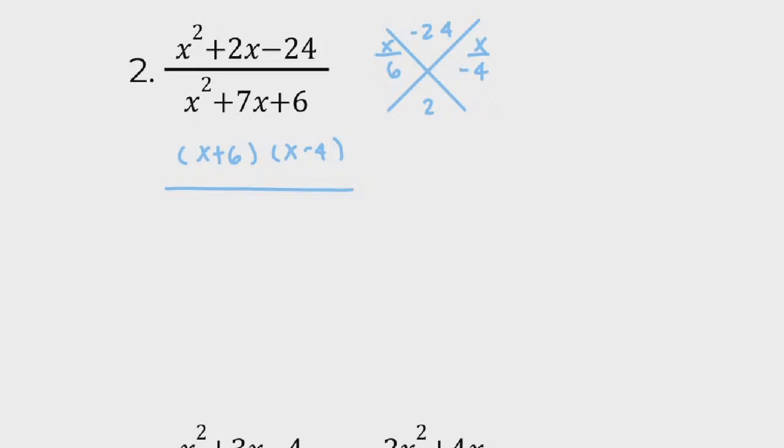And in the denominator, we have to factor that as well. So that's going to be 6 at the top and 7 at the bottom, so that'll be 6 and 1. So that's x plus 6 times x plus 1, and they both have an x plus 6, or we see one at the top and at the bottom, so we can cancel those out. So this will equal x minus 4 over x plus 1.